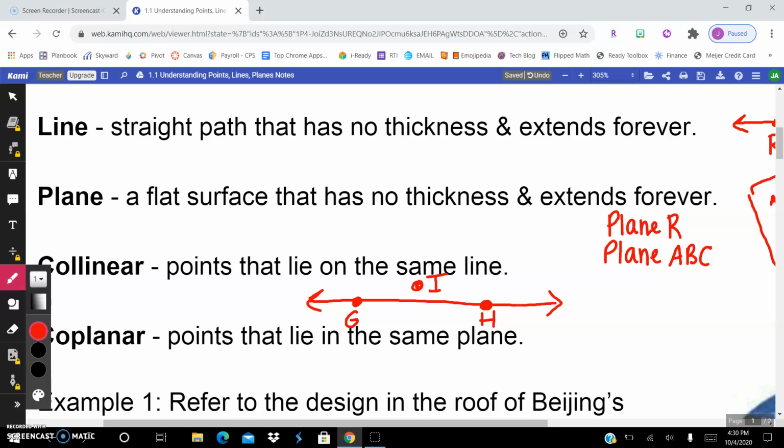If I were to say points G, H, and I, I would say that they are non-collinear because they are not on the same line. And then coplanar is kind of the same thing, except you're talking about a plane. So if all of the things that you're talking about lie on the same plane, then they are coplanar. If one of them is off of that plane, then they're non-coplanar.